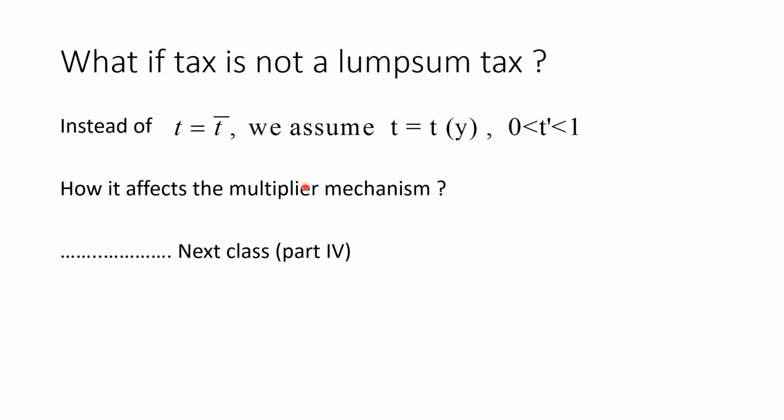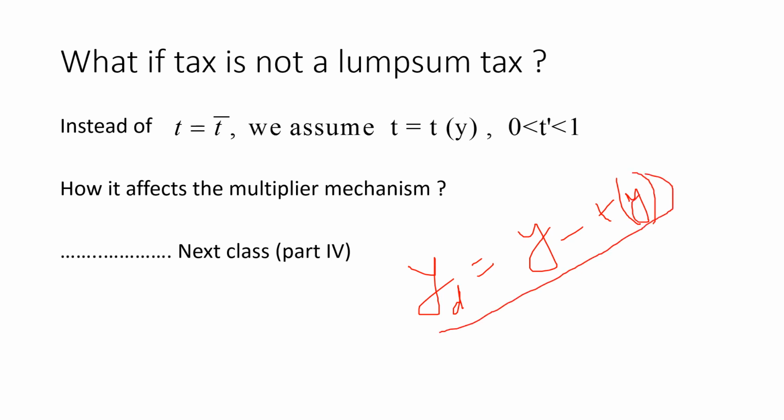And then, if you remember the equilibrium condition, we defined disposable income: YD was equal to Y minus T. But instead of T equal to T bar, we are now assuming T as a function of Y. So that's going to change your equilibrium condition, where the consumption function earlier was C equal to a function of Y minus T bar.